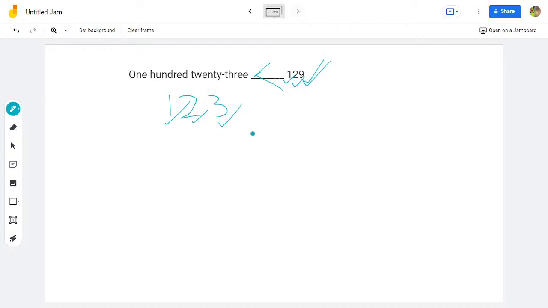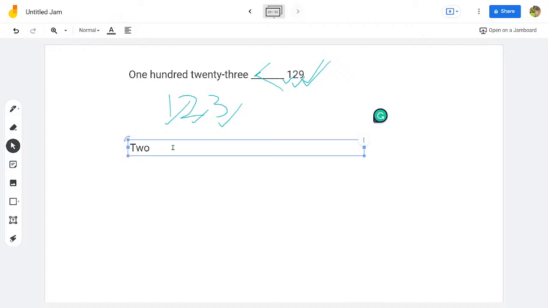Now there's another pair of numbers that we can use. Let's say we have a number 200 and 266, and we have another pair of numbers 59.